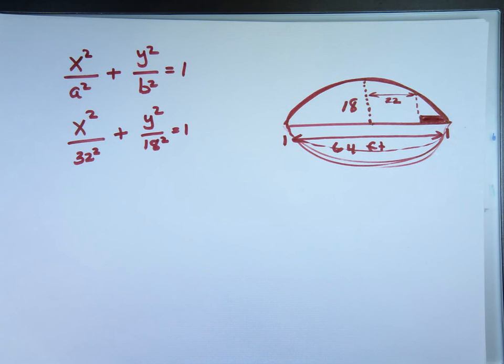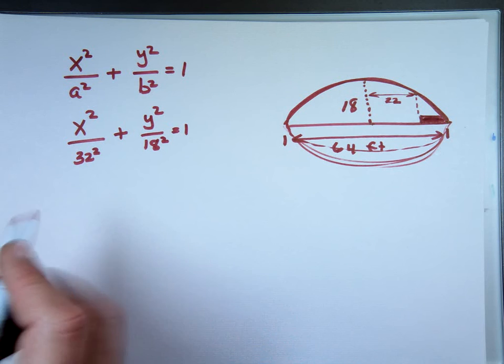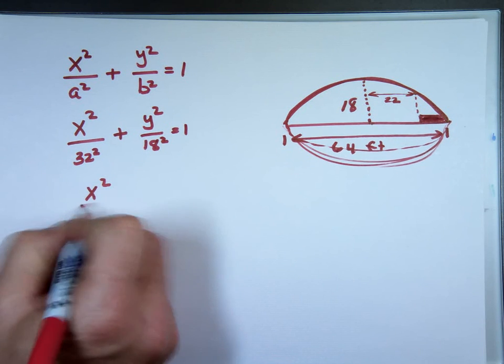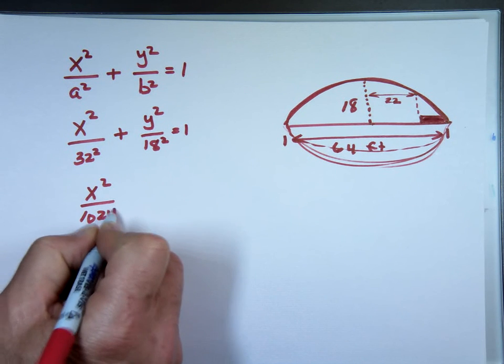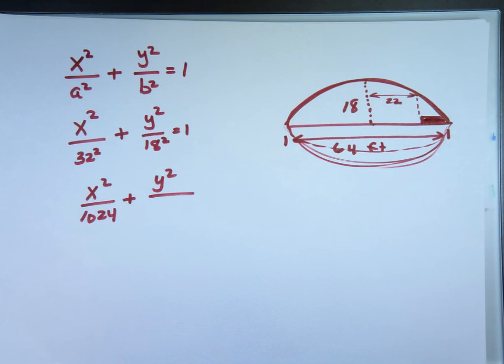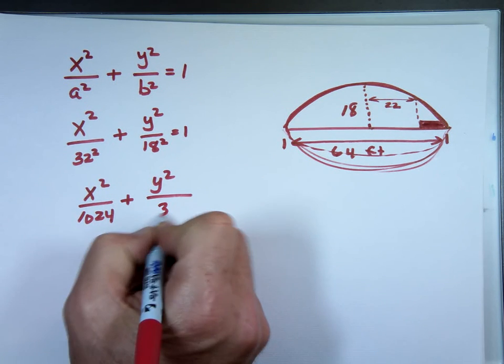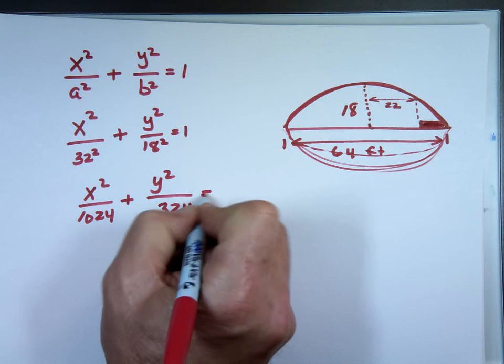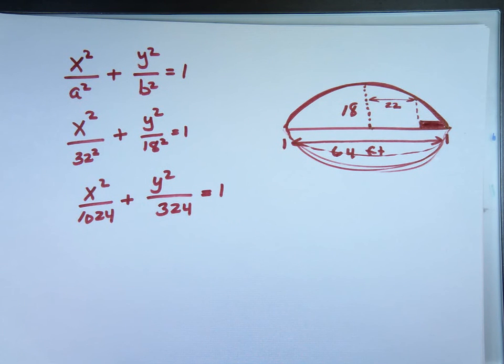What is 32 squared? 1024. What's 18 squared? 324, equals 1. So that's the equation that describes that.